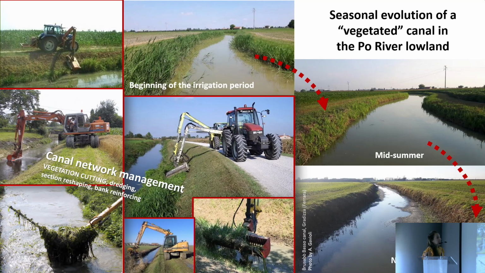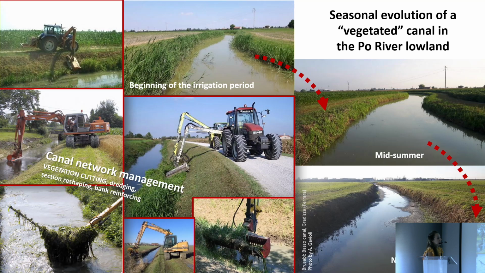At present, the canals do not fully express their capacity, because they are managed by the water consortium, the local water authority, with multiple operations, for example vegetation cutting, dredging, section shaping, and bank reinforcement. For example, vegetation cutting is usually performed two to three times a year.